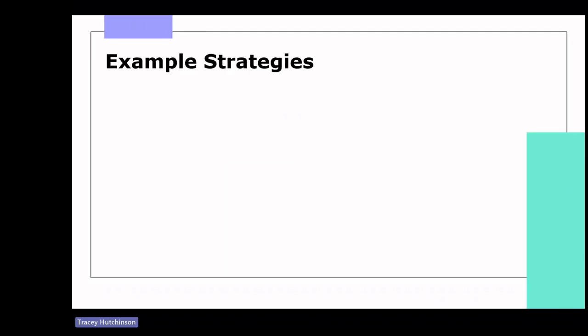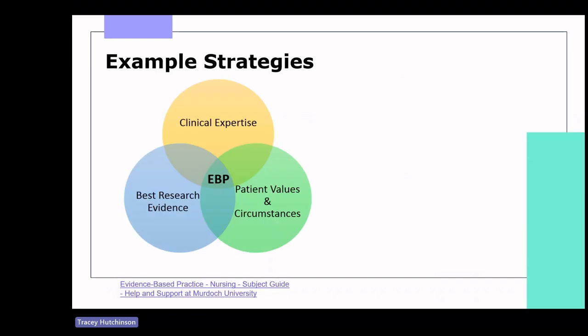So let's have a look at some example strategies we think that you could use additionally to support students' progression. Now, I'm just going to give you a quick summary because we do explore these in our bite-sized recordings, in our academic skills and our formative assessment recordings, which I'll discuss at the end.